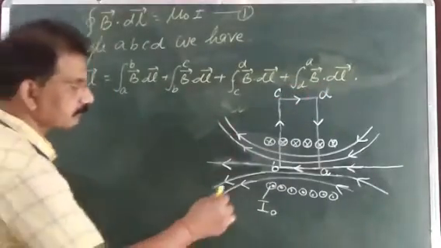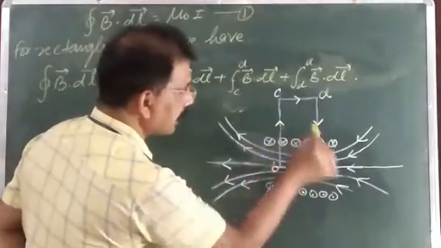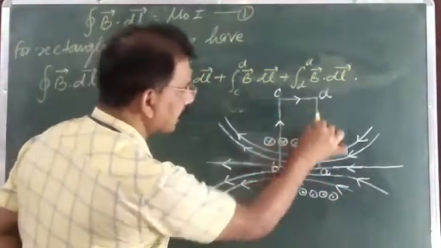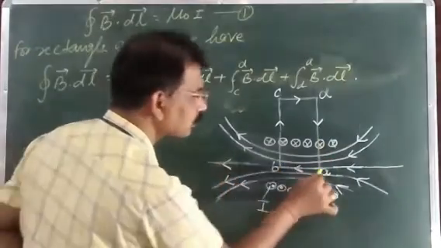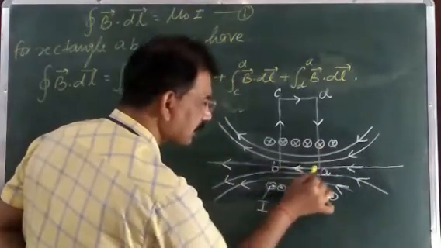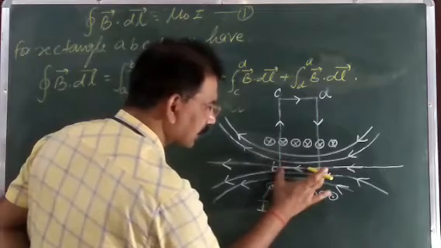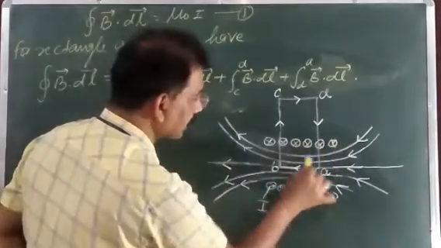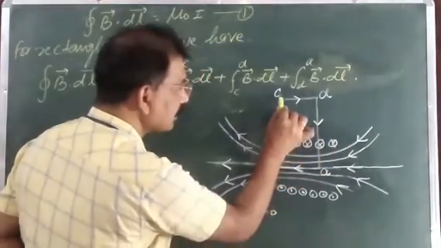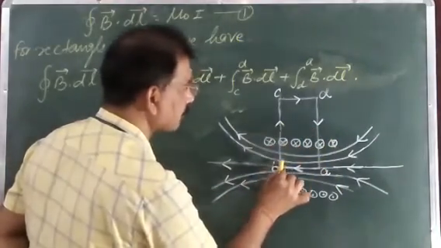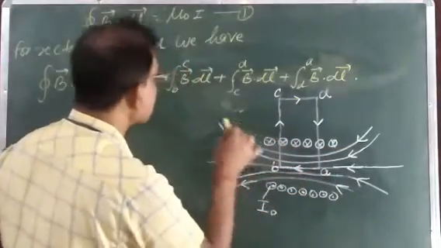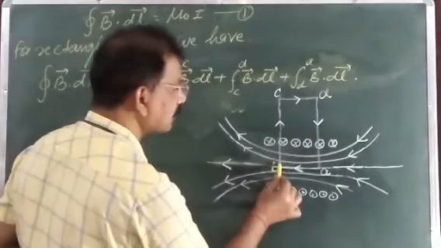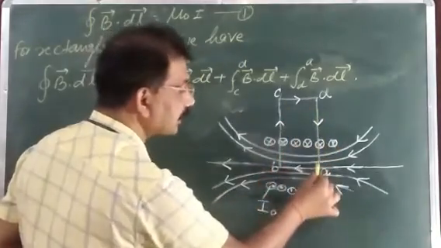But you see, this BC and DA, since BC and DA is not closer to the edge, it is near the axis of this one here, inside it here. So you can say for BC and DA, the angle between the magnetic field and this length is 90 degrees.